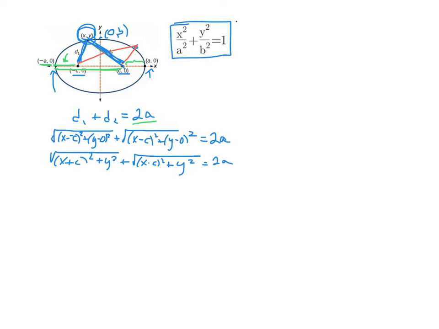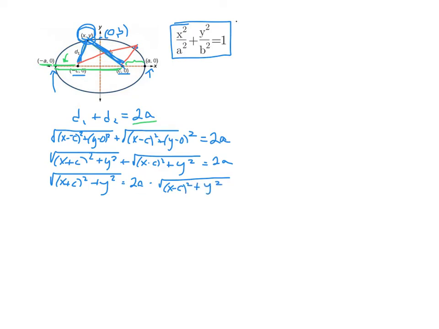And remember, it is kind of messy, but the idea is we keep one radical on one side and move the others to the other side. All right, so we have the square root of (x plus c) squared plus y squared is equal to 2a minus the square root of (x minus c) squared plus y squared.